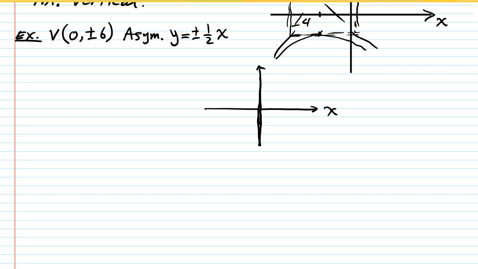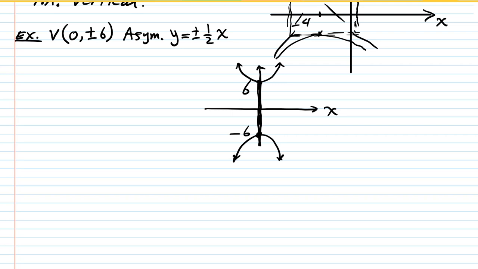So the vertices are at 0 plus minus 6, call that 6, call this negative 6. Remember, because the vertices are on the y-axis, the hyperbola has to open upward and downward from here. Well, opens up from the 6, down from negative 6.